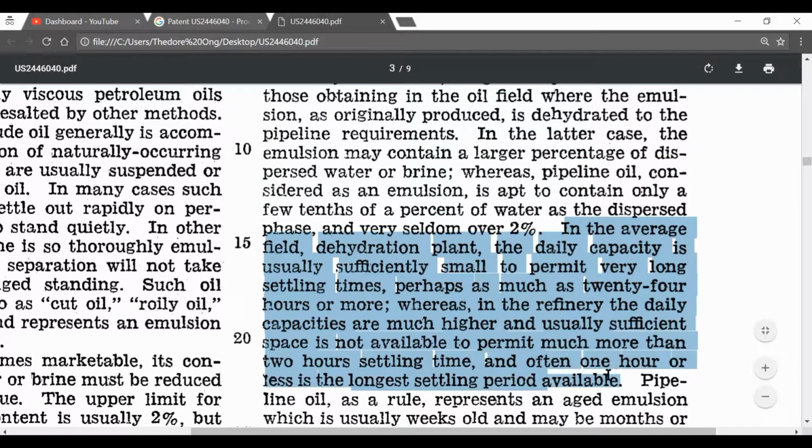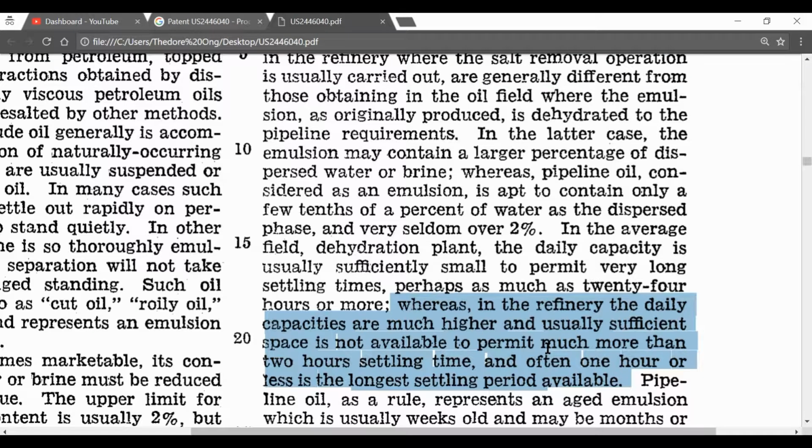However, in a refinery, you're processing so much more barrels of oil per day, so you need your settling time to decrease, or basically more settling time, which is the time that the water and oil layers separate. It means you need a larger vessel for the oil and water to separate.